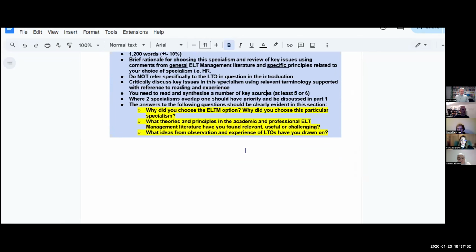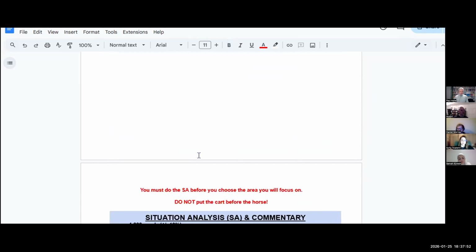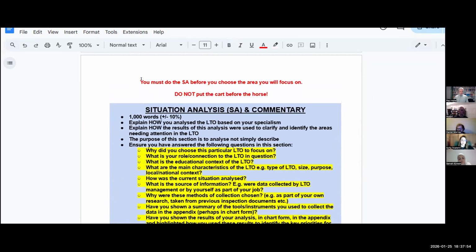But then, and this is where I think this document comes in very handy. So you would start writing here, but you would have to ensure that what's highlighted in yellow, those questions, are certainly all answered within what you're writing. So that's the introduction. If we scroll down, do you remember I said before, your situation analysis should come first, because that tends to be the springboard into everything else.